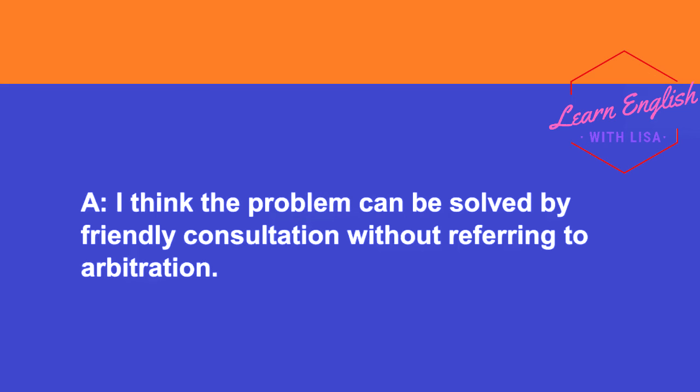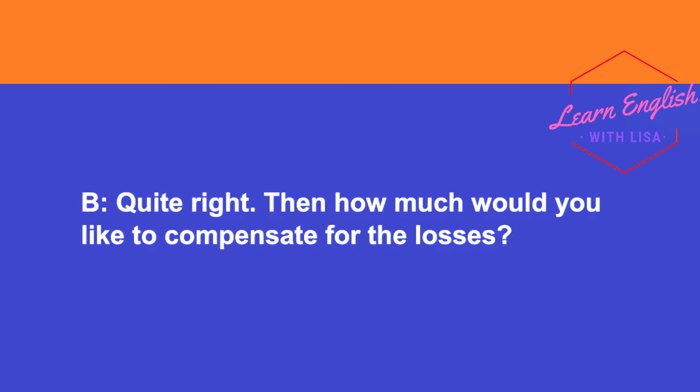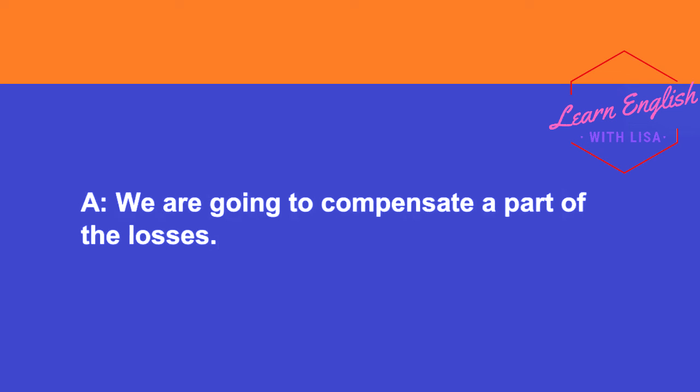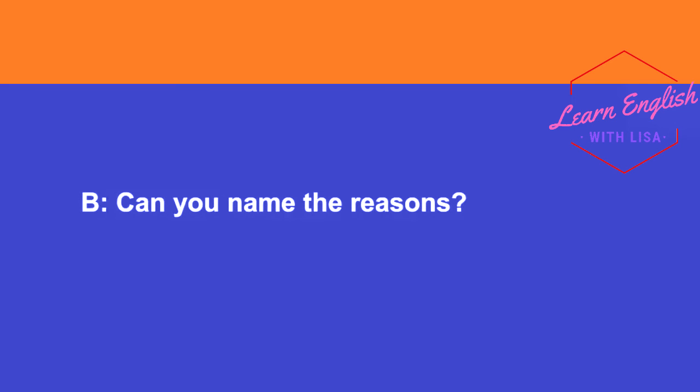Dialog 2. I think the problem can be solved by friendly consultation without referring to arbitration. Quite right. Then how much would you like to compensate for the losses? We are going to compensate a part of the losses. Can you name the reasons?